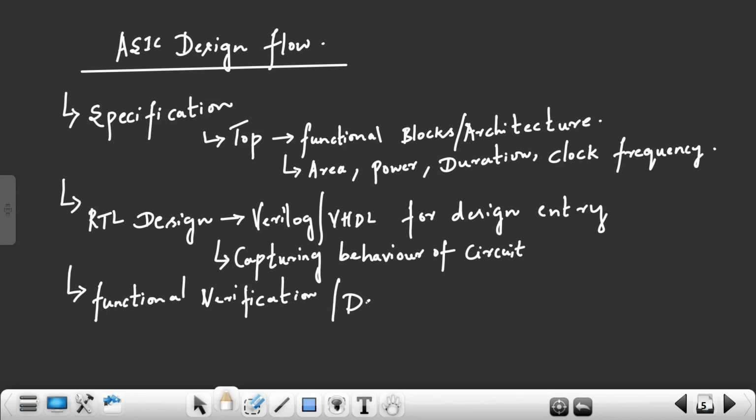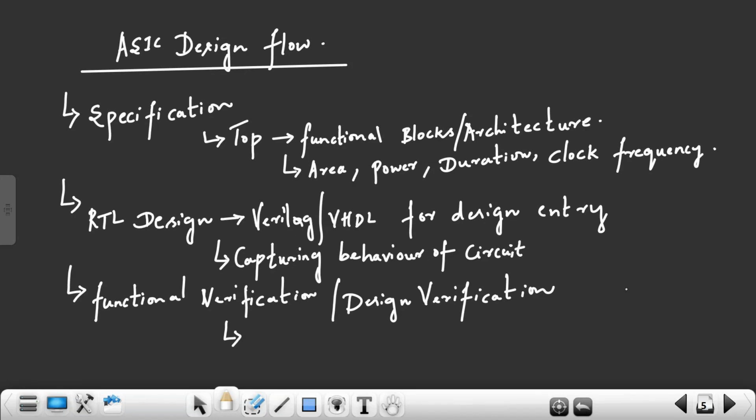Now what will this team do? Whatever RTL you have written, they check whether it is functioning properly or not.